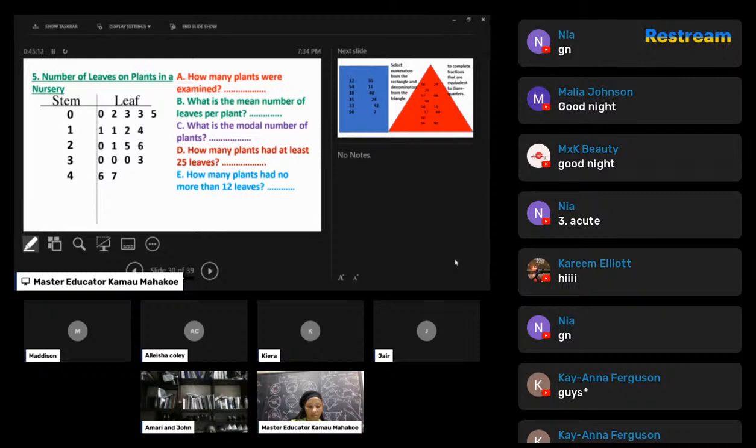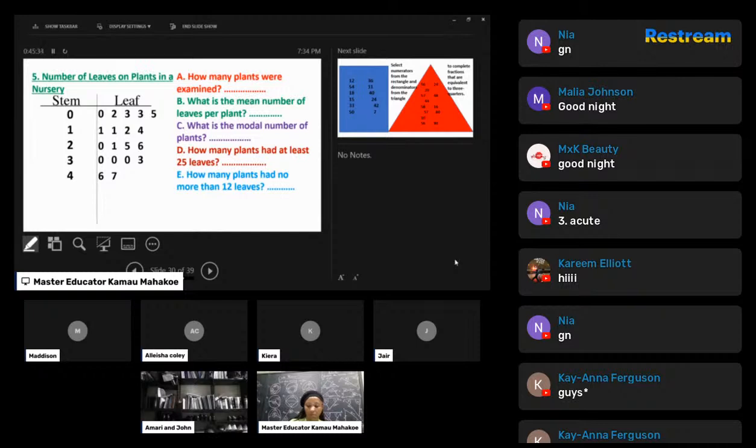A. How many plants were examined? B. What is the mean number of leaves per plant?